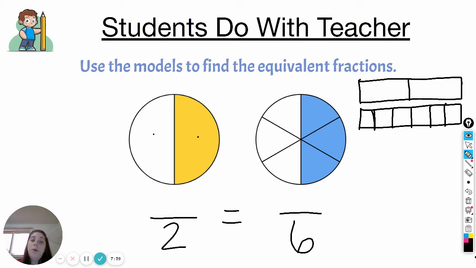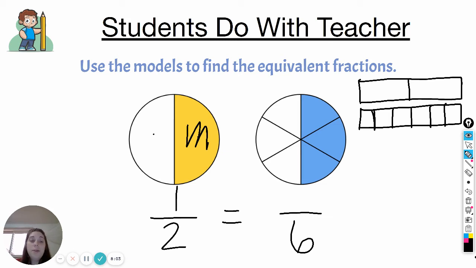Okay, let's look at what part is shaded. On this one, our numerator is going to be 1 because only one piece is shaded. Go ahead and look at your blue shape, figure out what your numerator is going to be.